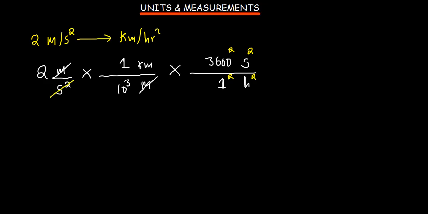So the second squared will cancel with the second squared, and therefore this is going to give us 2 times 3600 squared. Remember, we also have a kilometer. And then in the denominator, what do we have?